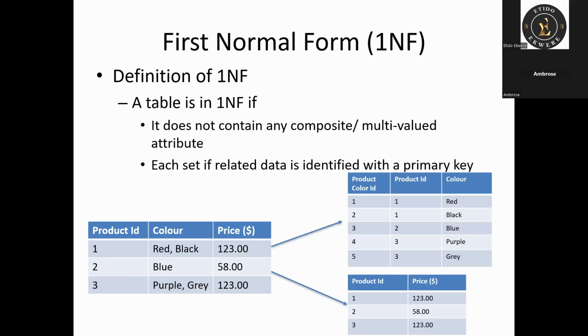So your first normal form says you shouldn't have this. Rather, you should break this into two tables, where you have the color component as a different table and the price component as a different table. That way you have single-valued attributes existing.